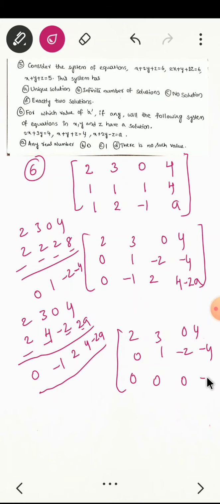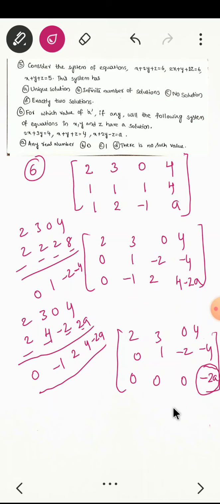So I am getting it as minus 2a. Okay, so it should have a solution. If I keep a number here, rank of A will become 2, rank of AB will become 3. That won't give you any solution.